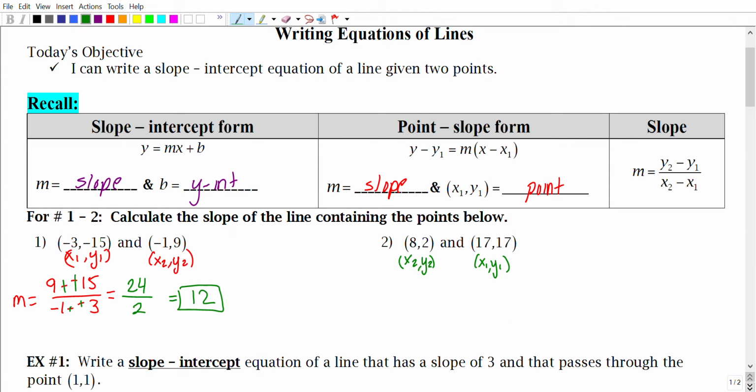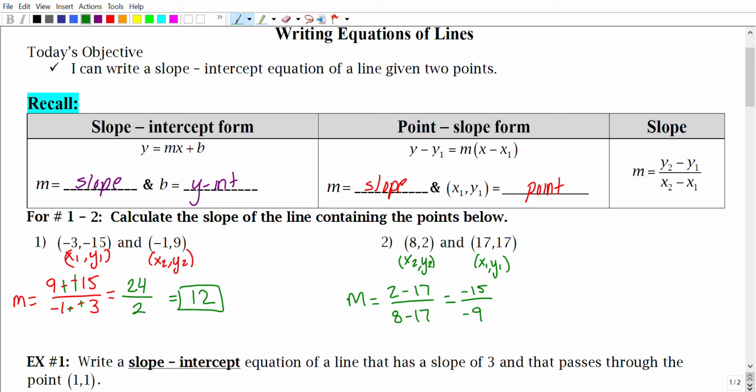So let's use our formula. We know that we have to do y2 minus y1. So in this case, it's 2 minus 17, and we also have 8 minus 17. So what do we get? We get a negative 15 up top. On the bottom, we get a negative 9.